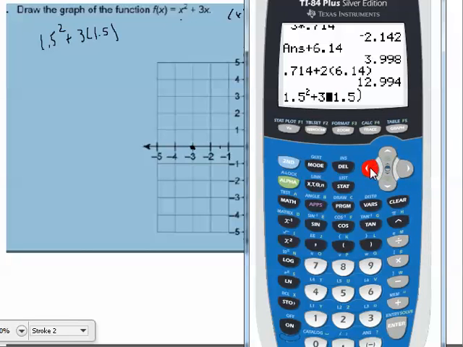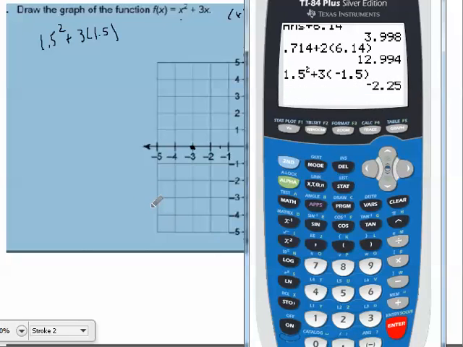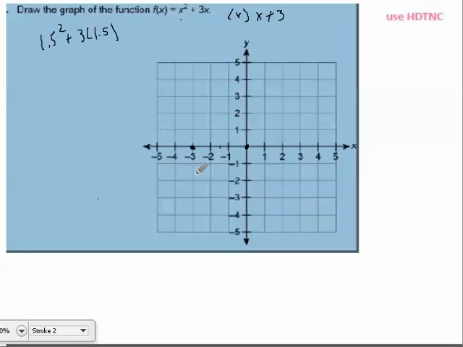Now, while it won't make a difference on the squared term, it will make a difference on this one. And I get negative 2.25. That's down here at 2 1/4, right about there. And so I could graph this very easily now by going through that point and going through that point right there.